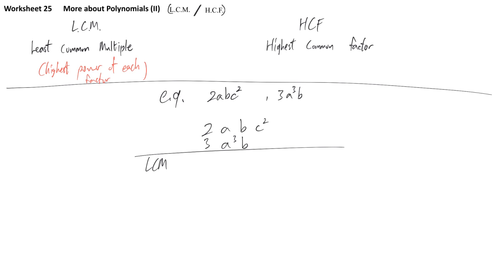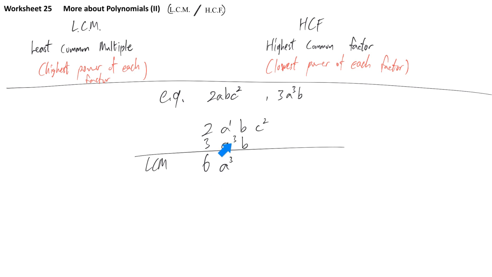And in contrast, HCF is the lowest power of each factor. Therefore, in this case, the LCM, 2 and 3, LCM is 6. And then among the two indices, a power of 1 and a power of 3, for LCM we choose the highest power. So among 1 and 3, I will choose a power of 3.